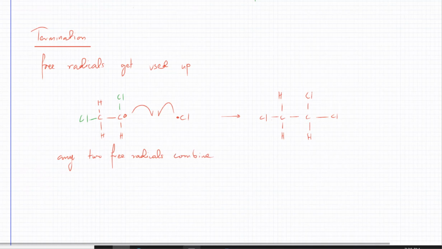And it could be literally any 2 free radicals. So you can have a number of free radicals formed. So you could have this free radical, like any of the H atoms might get substituted.